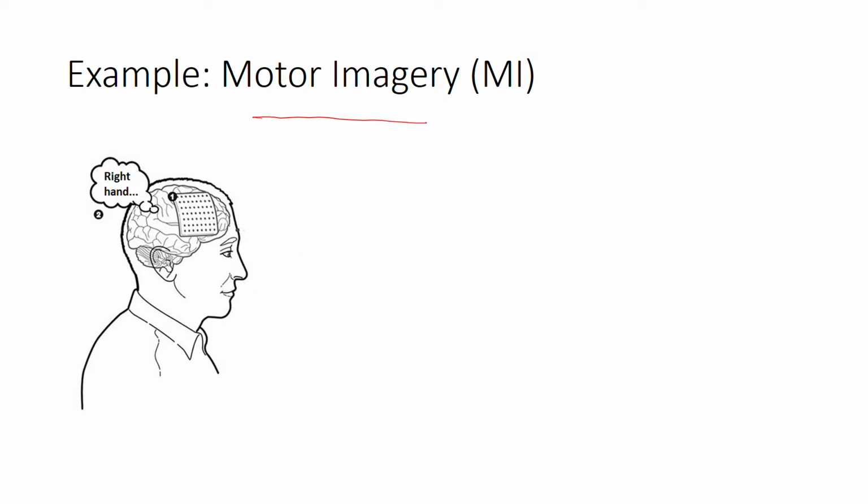So the person is trying to think about right hand movement or left hand movement, with the electrodes placed on the scalp according to the 10-20 system.